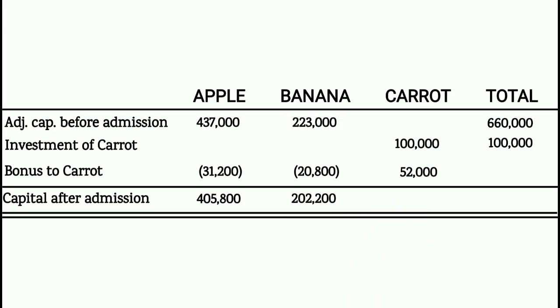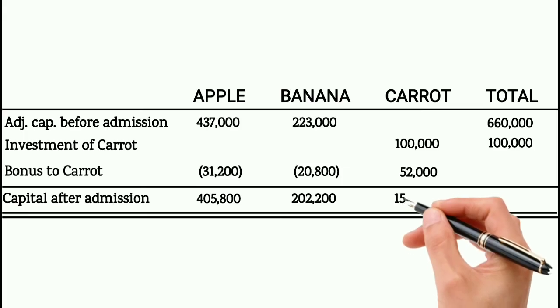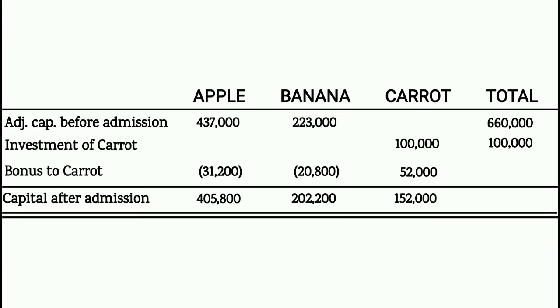For Carrot, 100,000 pesos plus 52,000 pesos, that is equal to 152,000 pesos. All in all, the total capital after admission is 760,000 pesos.